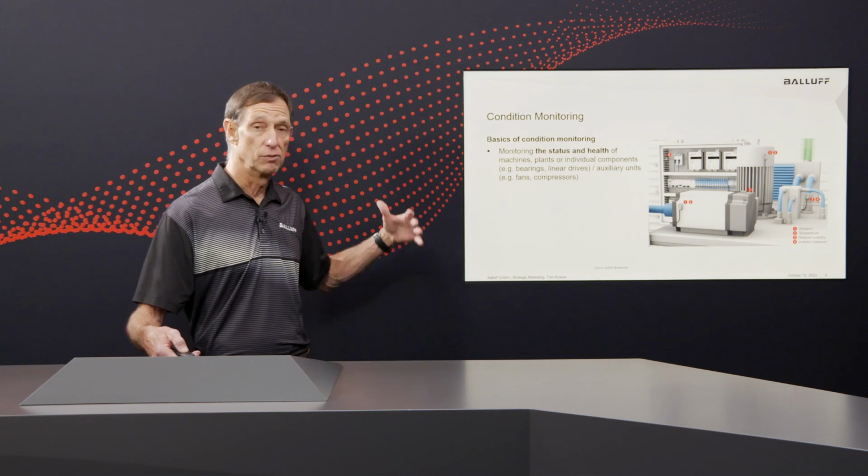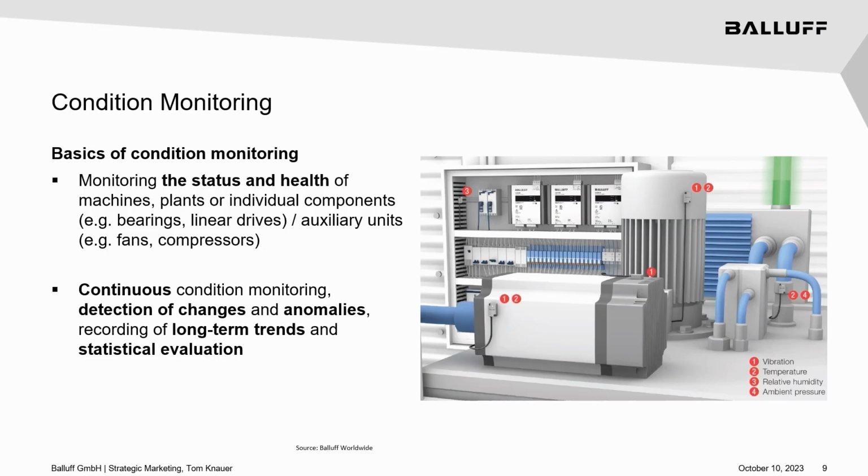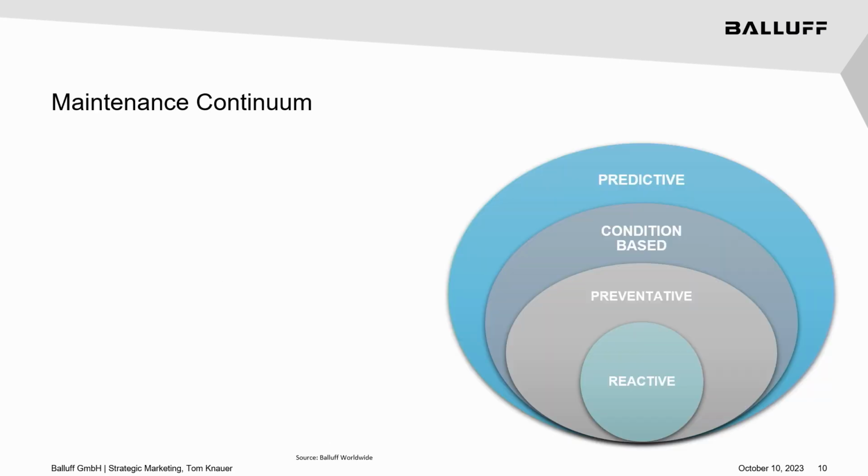The idea is that we want to monitor that equipment, and even more importantly, if we can do that on a continuous basis rather than a one-time basis, we can start to detect the changes and anomalies that occur, and then record those over time to start looking for trends that will help us understand what's happening on a machine for long-term evaluation and long-term trend tracking.